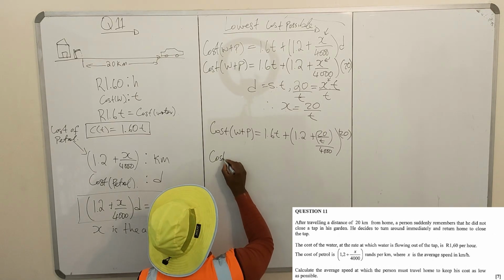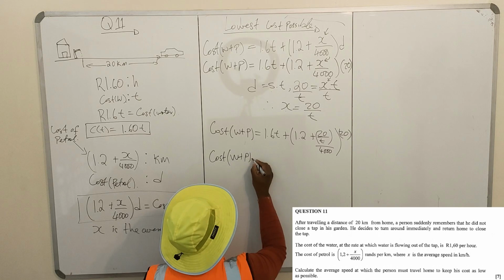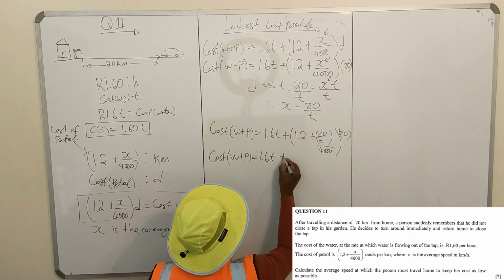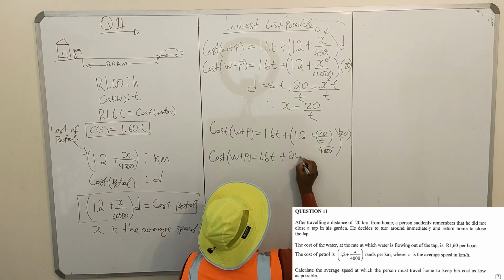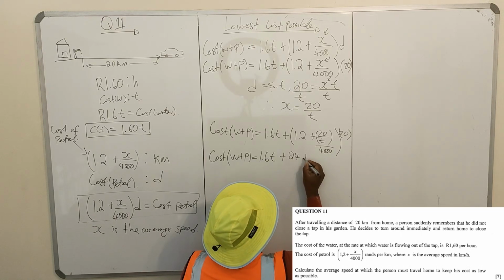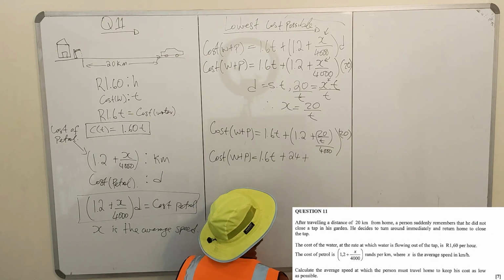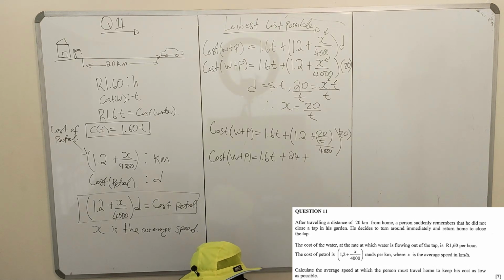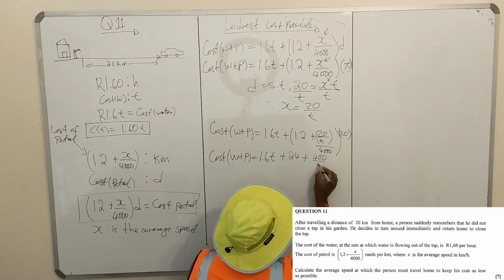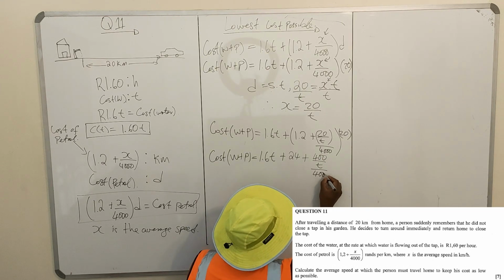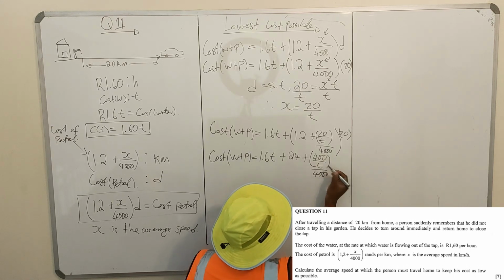What do you get? You get the cost of water plus petrol is equal to 1.6t plus 20 times 1.2. Let's do that. 20 times 1.2 is 24. Plus 20 times 20, that's 400, so we have 400 over t over 4,000. This is the situation that we have here.